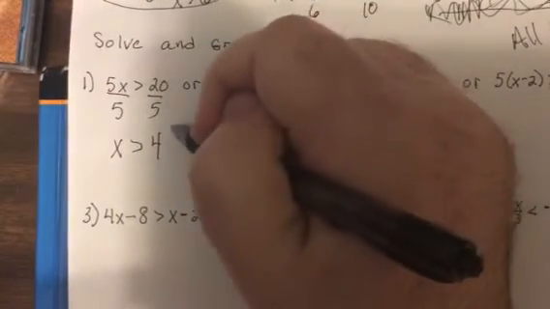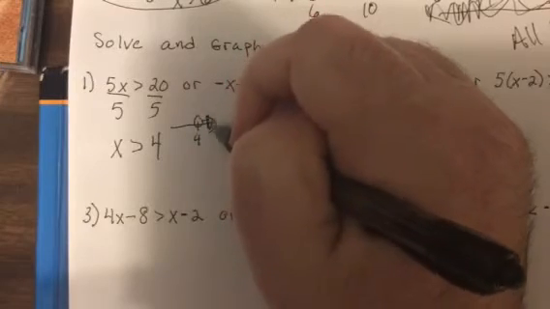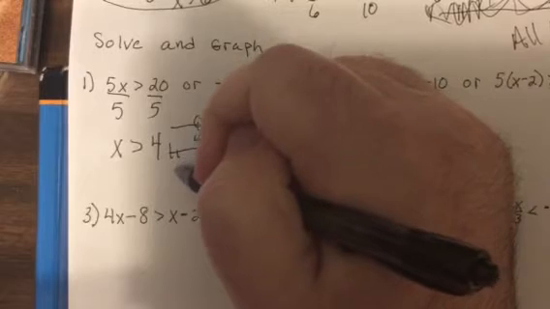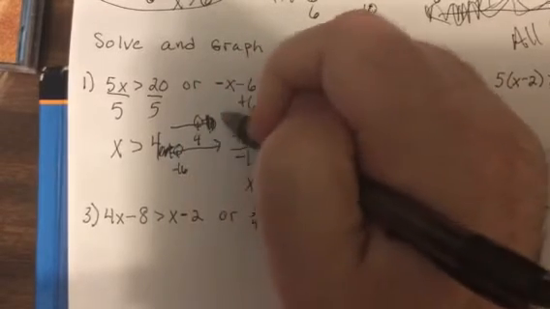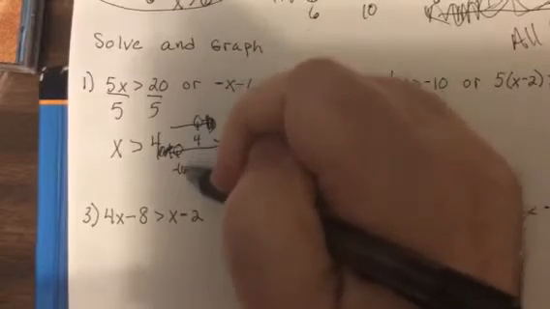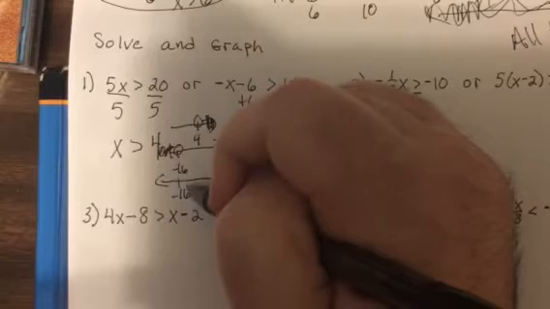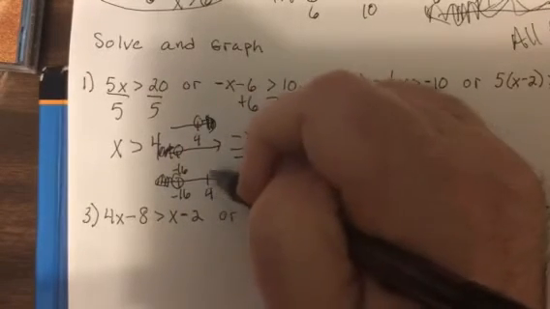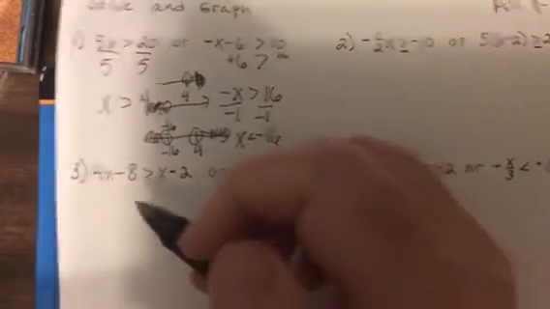So the graph here is greater than 4. Here is less than negative 16. So it's going in opposite directions, does not overlap. So your final graph would be negative 16, and 4.